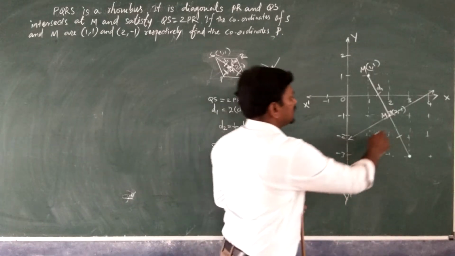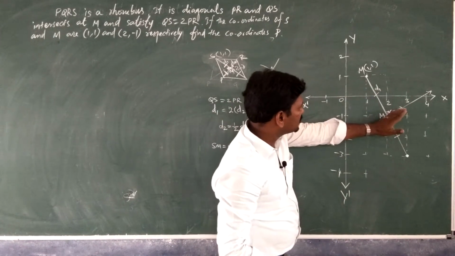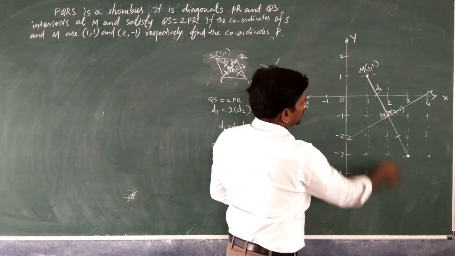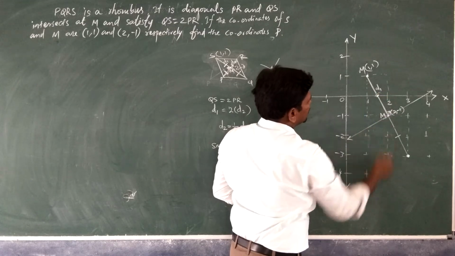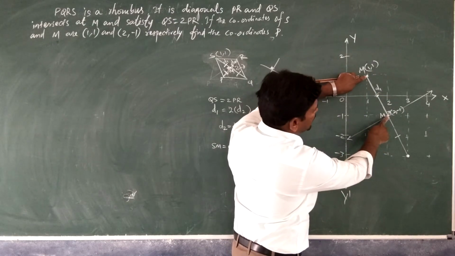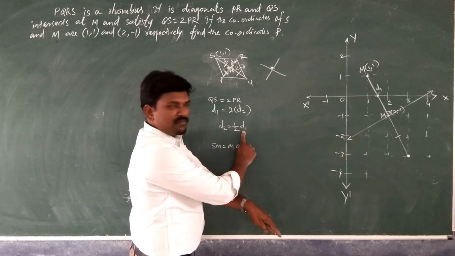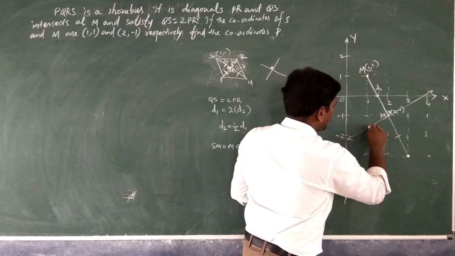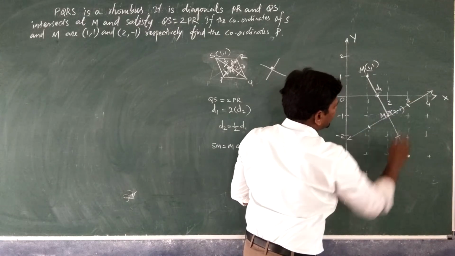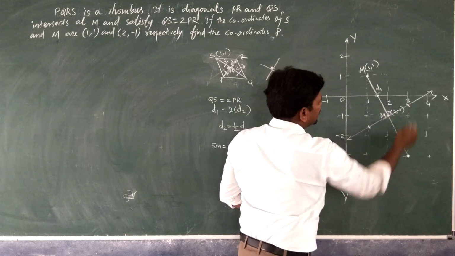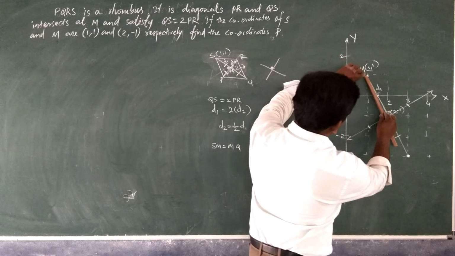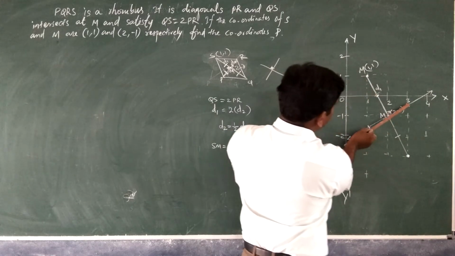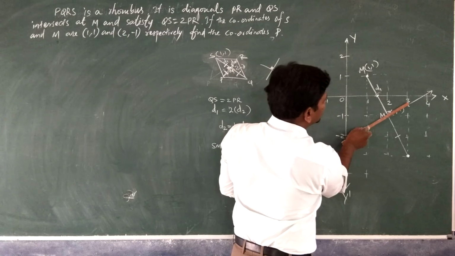The D2 must lie on this perpendicular line. The length of D2 is half of D1. So I am taking this half. If you have a measuring scale, you can measure it, exactly the same.